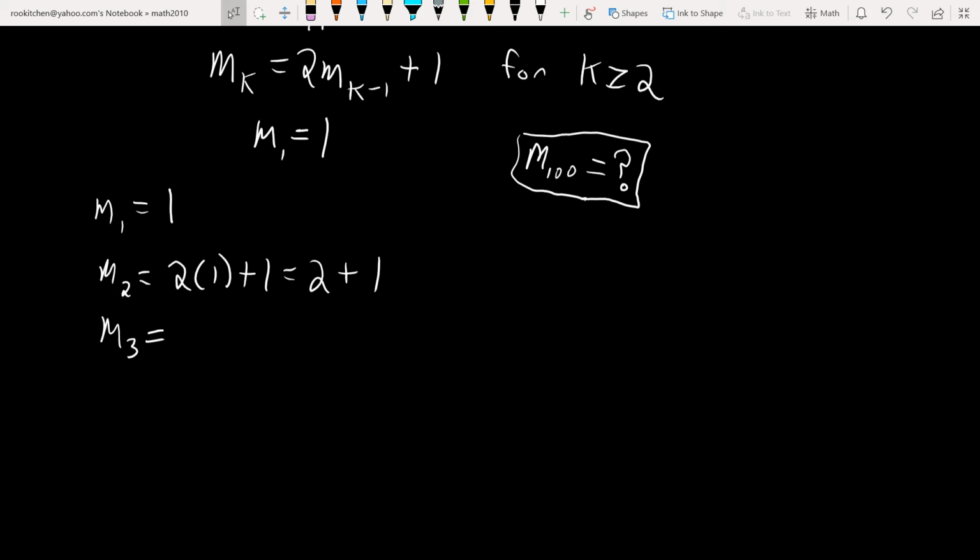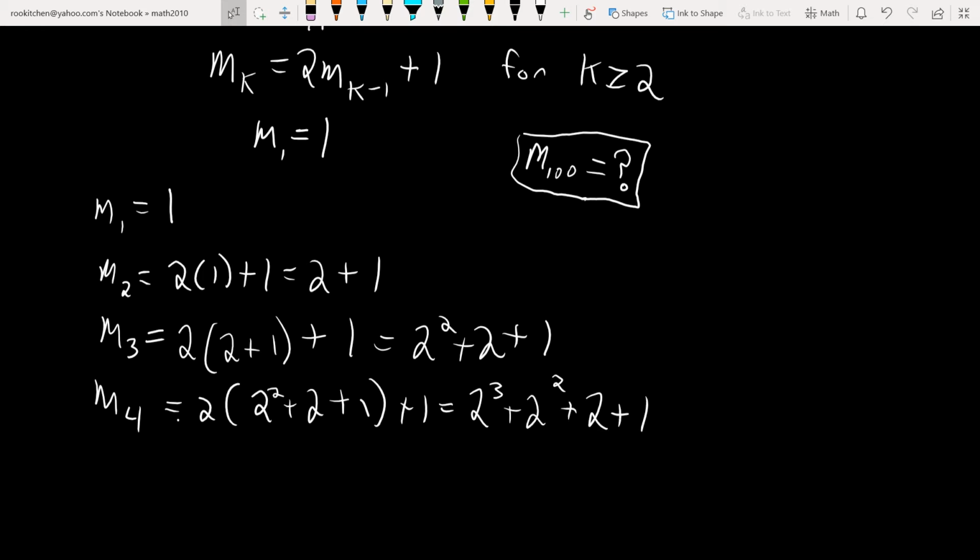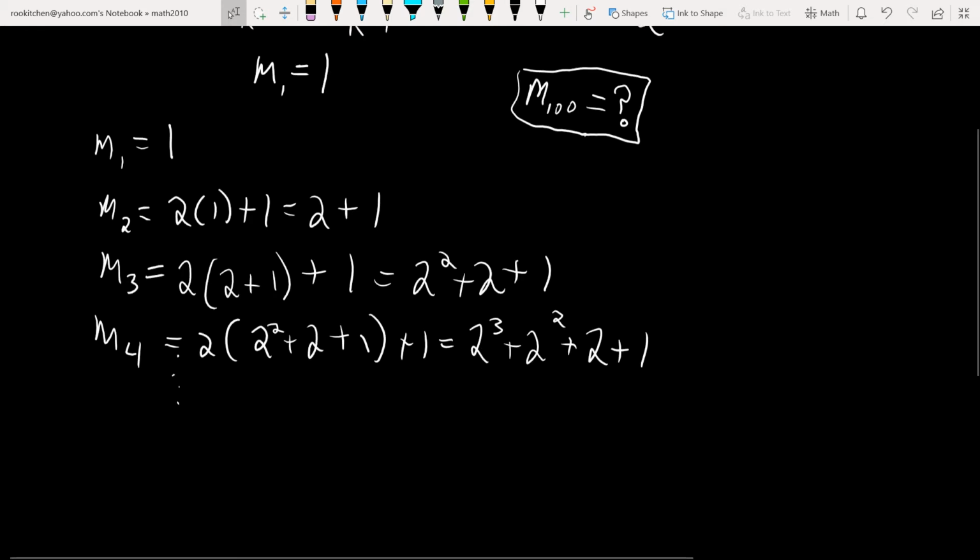Just keep it separate. m sub 3 then is 2 times m sub 2 plus 1, and then you could simplify that a little bit. This will be 2 squared plus 2 plus 1, and then m sub 4 is 2 times m sub 3, which is 2 times (2 squared plus 2 plus 1) plus 1, and then that's equal to 2 cubed plus 2 squared plus 2 plus 1. And then hopefully it's becoming kind of obvious that there's a pattern there, right?